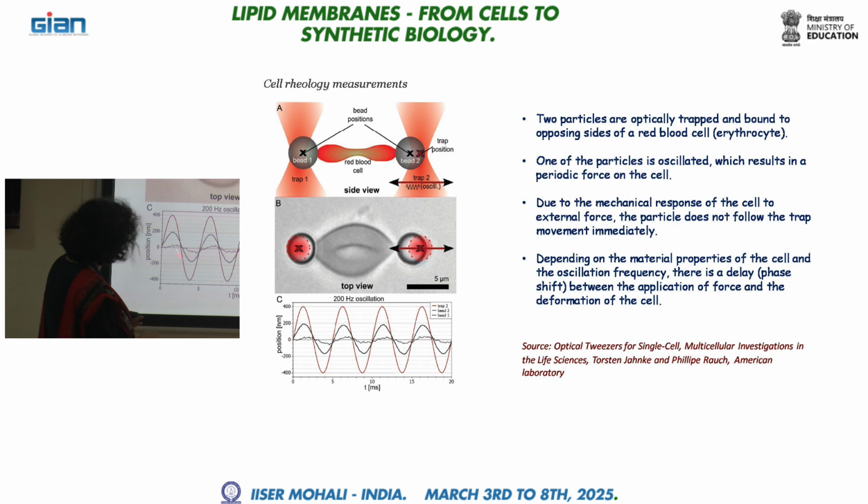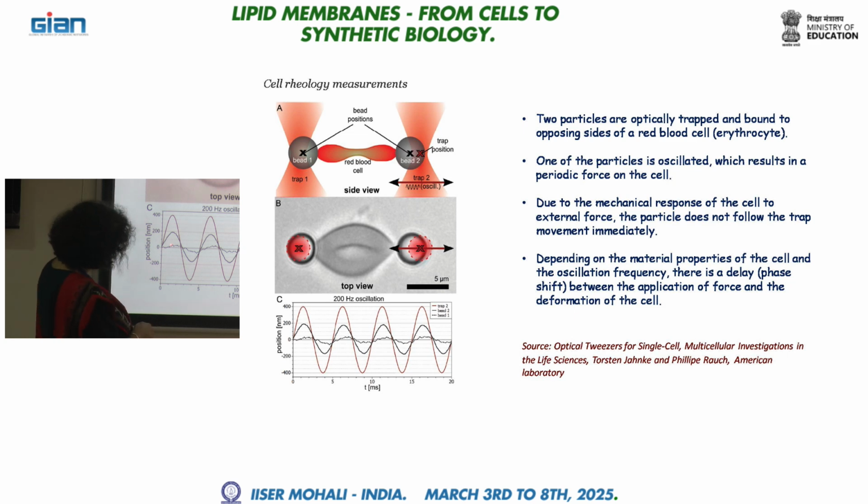Now what you see over here, so this is just a top view of the whole thing. So this is your red blood cell, and these are your 2 beads, and this bead can essentially be shifting between this position and that position, and this has been done at the frequency of 200 hertz. So 200 times it will be essentially doing a to and fro motion in a second.